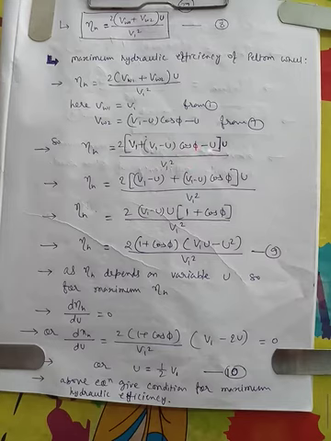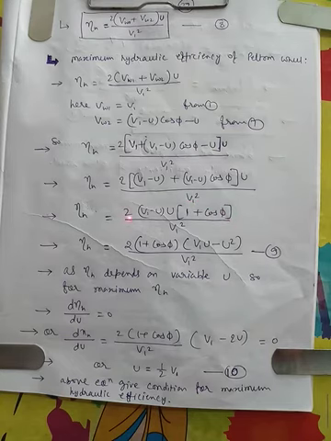Now by rearranging, we take V1 minus u common, and we get in the bracket 1 plus cos phi.